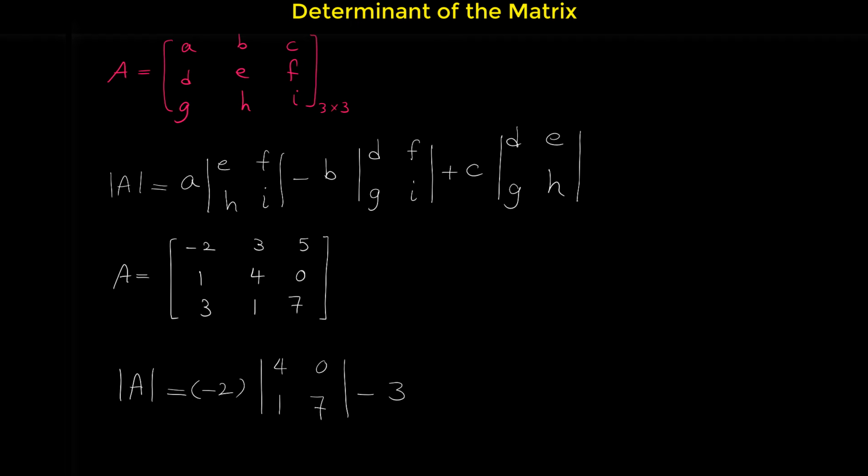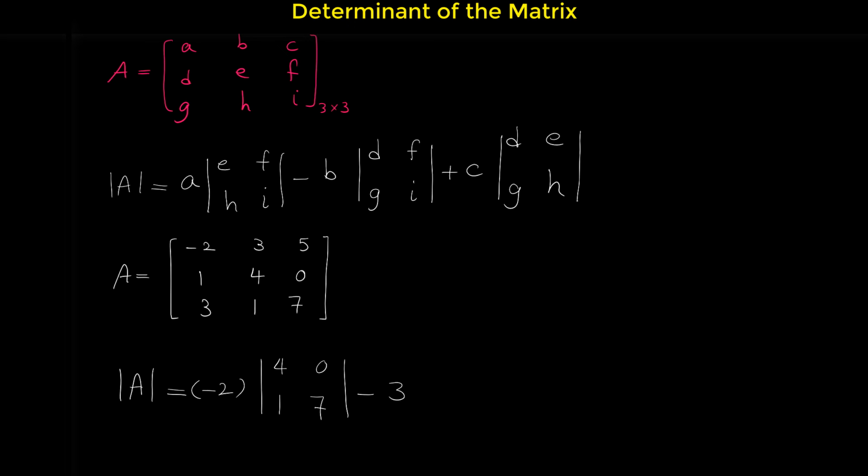Minus 3. Don't forget to put a minus here. It's really important not to forget this. Minus this number. If this number is negative, then here we get positive. So don't forget to multiply this minus in this value.